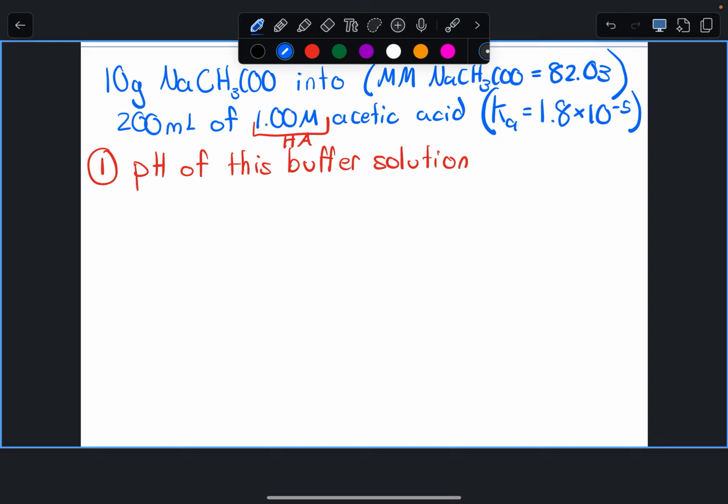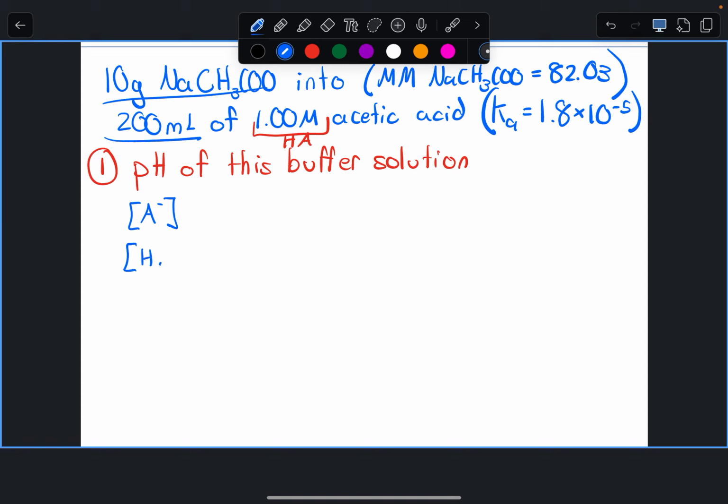Okay, so the first direction I want to give here is recognize that it's not already a solution with two molarities. You have to do a little bit of work to get to that. You need to find the molarity of the A minus, which is this 10 grams dissolved into 200 mils.